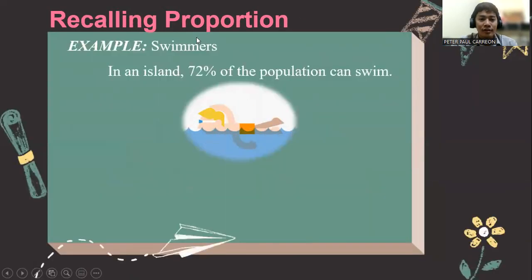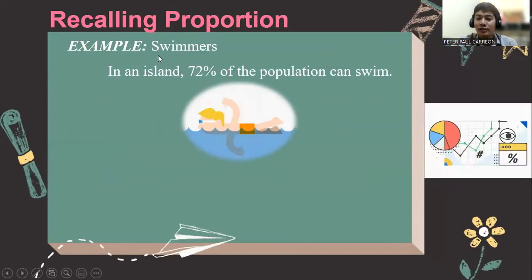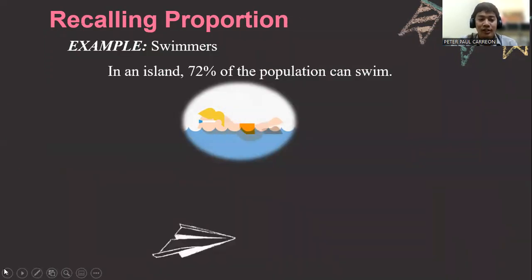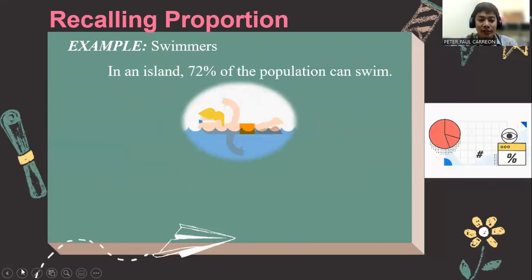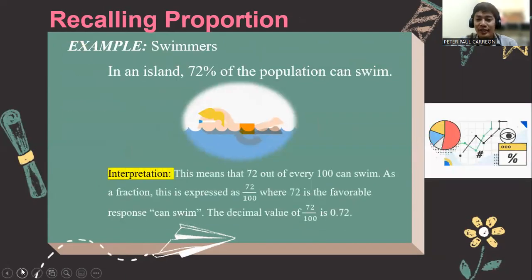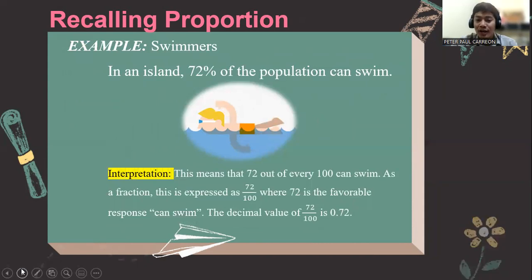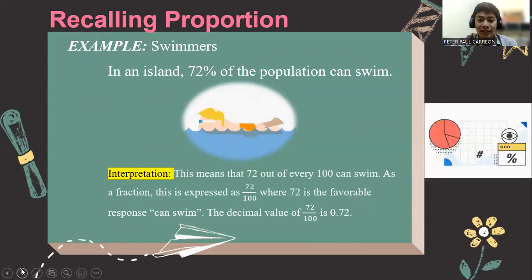So let us recall proportion. This example is about swimmers. On an island, 72% of the population can swim. What does it mean? In statistics, this is how we interpret it: 72 out of every 100 can swim.